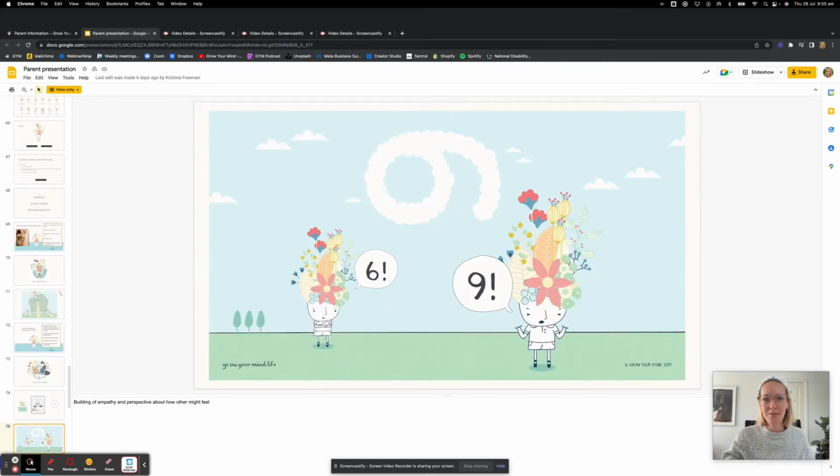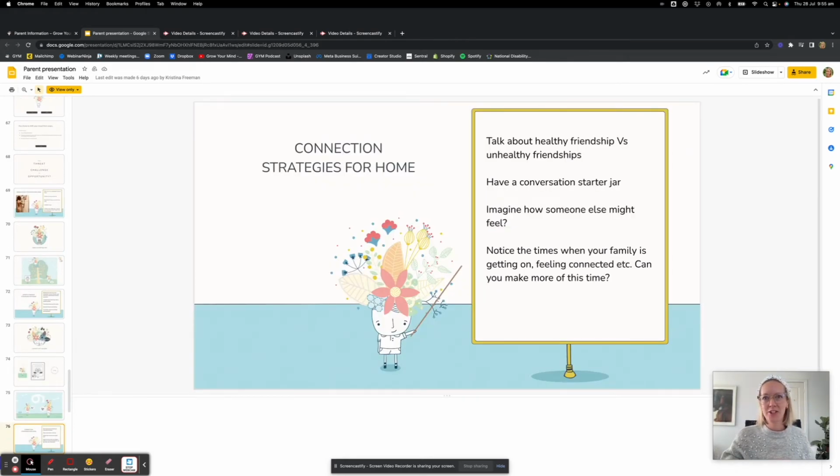Another key poster with Grow Your Mind, the perspective poster, talk about there, and some connection strategies for at home, maybe having a conversation starter jar, and noticing times when your family feels connected together. Be a little bit of a detective for a week or so, and just notice actually when are times where we are all really truly getting on, and just have an experiment and see.